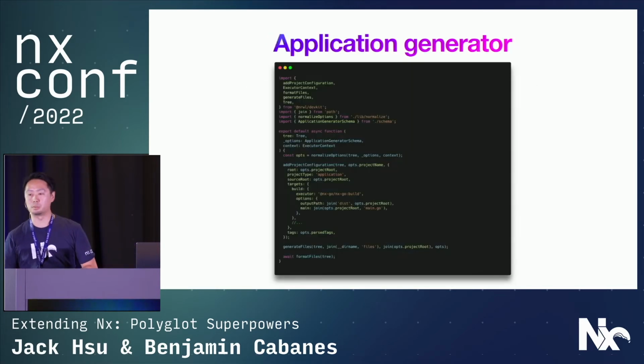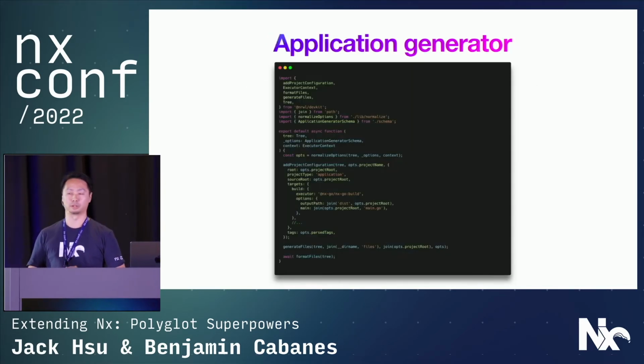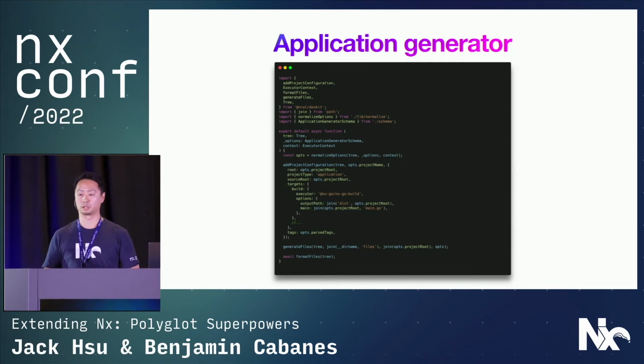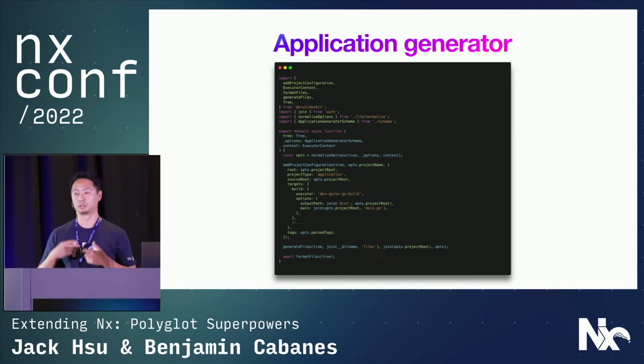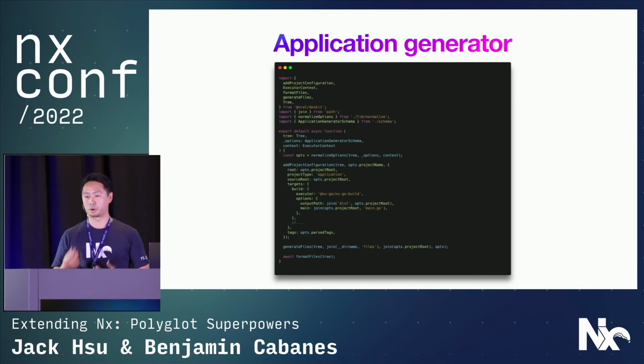So here's an example, a very, very basic example of what the application generator might look like. And you're going to notice we're going to import a bunch of functions provided by the dev kit. So the first one, and this is probably going to be very common if you're going to be creating applications, is we're going to add a new project configuration to NX Workspace.